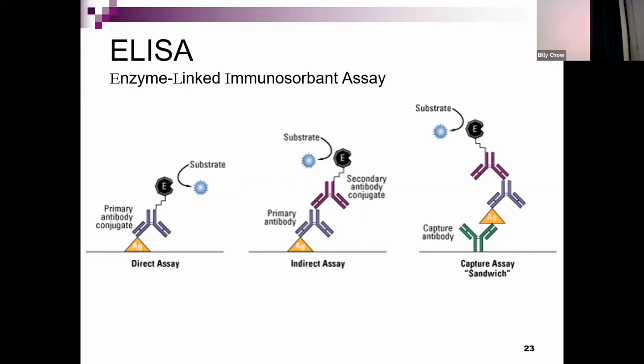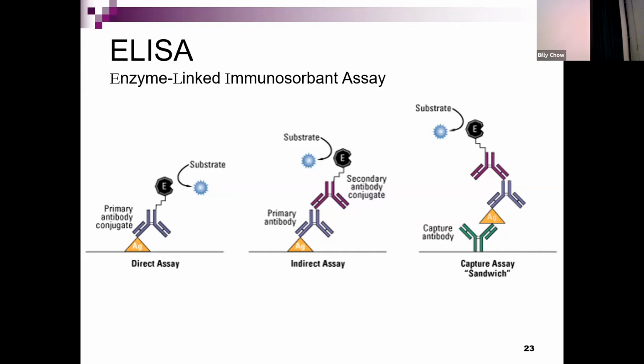And then you have another primary antibody that can recognize the antigen again. Then you use a secondary antibody for detection. But you can also directly label this primary antibody for detection, conjugate with an enzyme for detection. Okay, so it could be either direct or indirect sandwich.